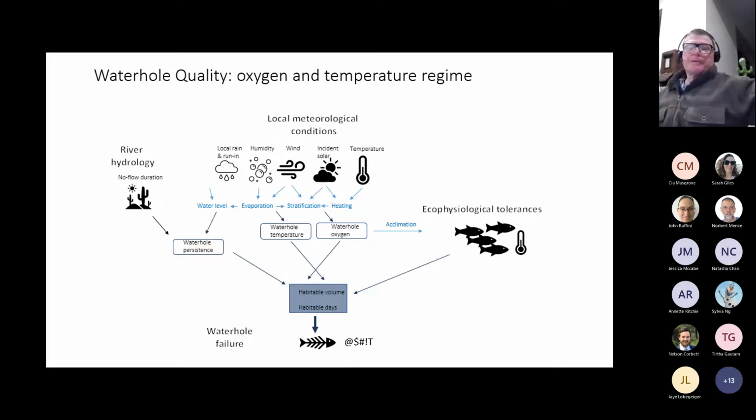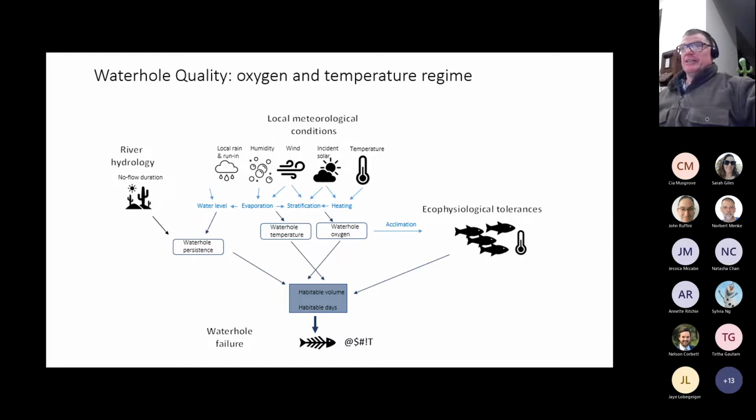So this project was initially funded by the Queensland Water Modelling Network and is ongoing via funding from the Federation Funding Agreement for the implementation of the Basin Plan. So we're looking here at trying to model the oxygen and temperature regime of waterholes during periods without flow and understand the risks that those regimes pose to fish that live in them.